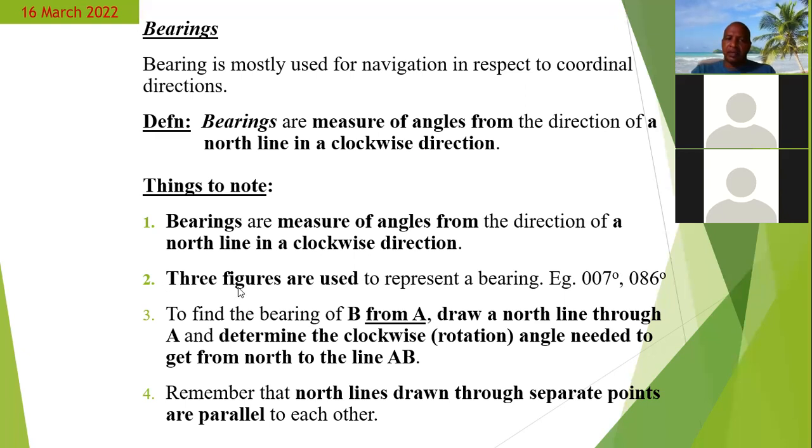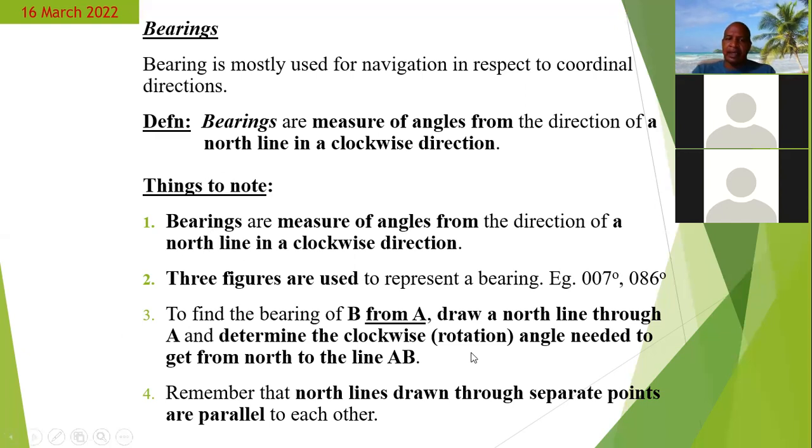The second thing to note: bearings are written in 3 figures, 3 digits. The third point is that to find the bearings of B from A, whichever point or letter comes after the word from, that's the letter you draw your north line to.